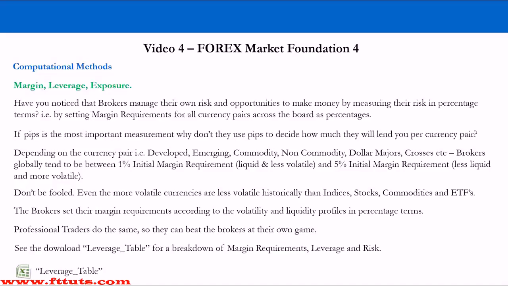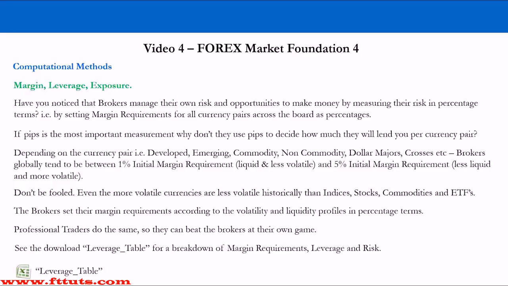So they require you to put more money up for the riskier positions, and they calculate the risk themselves in percentage terms. And this is all just common sense, and it really angers me that people can't read between the lines and see that this goes on.